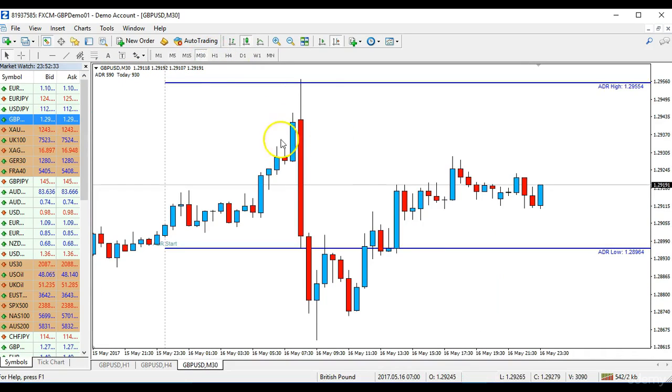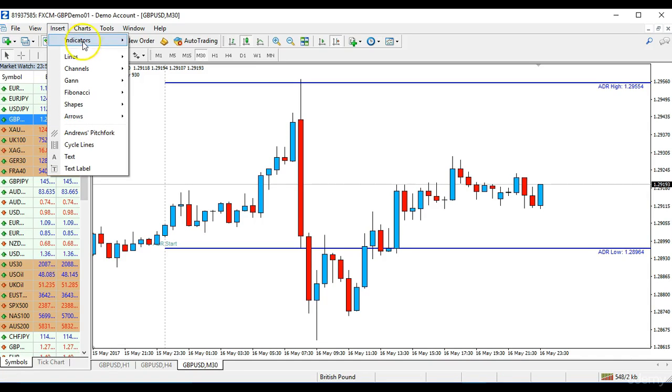You can see when the ADR high and low was hit, they formed these blue lines. That can be useful, but it is just an indicator. It's not something to inform your trading. It's not a magic bullet. There's nothing like that. It just doesn't exist. So this is why I'm not going to spend a lot of time on indicators.